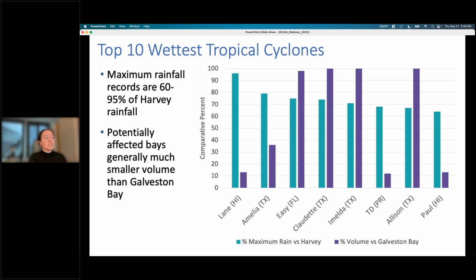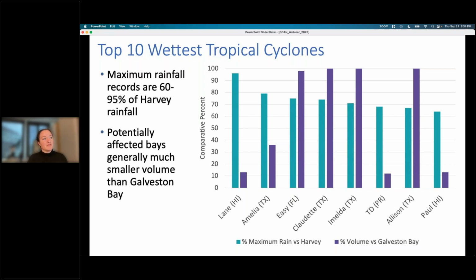in the past, we investigated the 10 wettest tropical cyclones shown on the right-hand figure here, comparing their percent maximum rainfall to Hurricane Harvey, indicated by the teal bars, as well as the comparison of a nearby bay ecosystem that could have been impacted and the total volume of that body of water compared to Galveston Bay, shown by the purple bars.